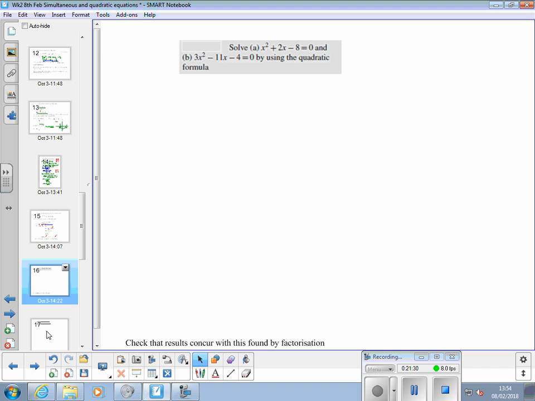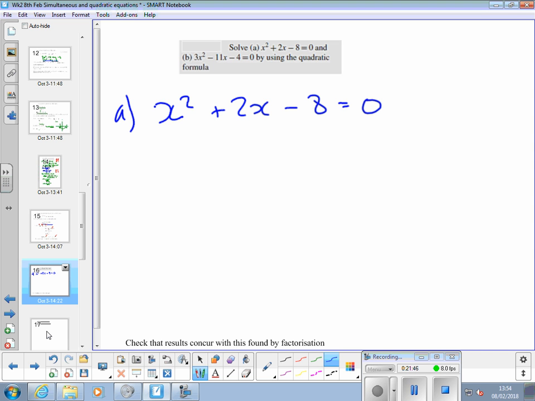Solve that using the formula method. So we've got x squared plus 2x minus 8 equals 0. Well, both of these actually, there's a. So these are the two we've already done.